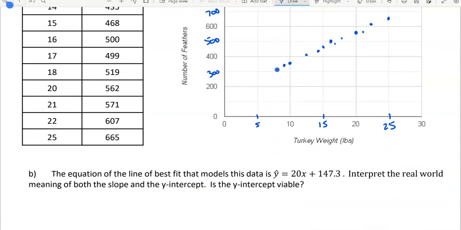So according to this, remember, slope is going to be change in y over change in x, right? My slope right now is 20 over 1.